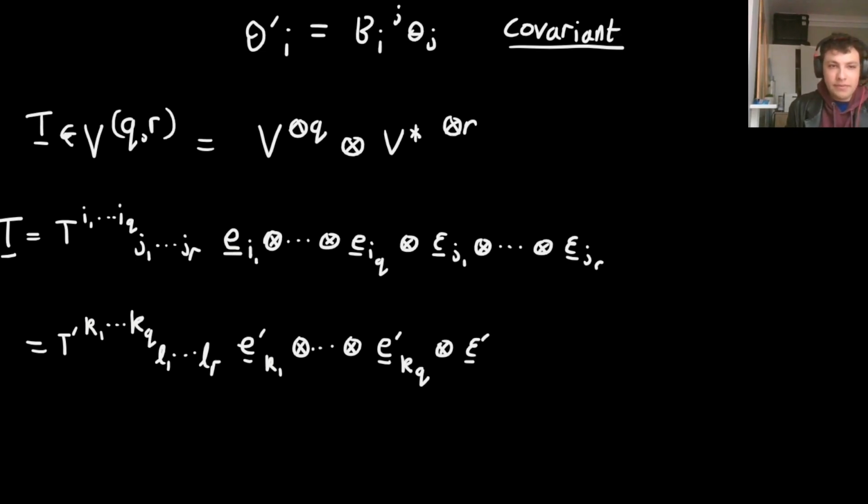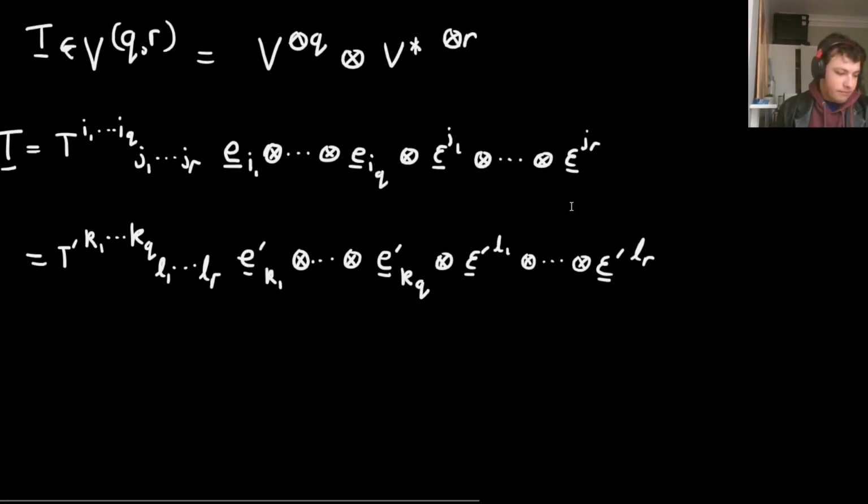Oh, I've already made a mistake. These should be upstairs. Contravariant indices go upstairs, covariant indices go downstairs. So then this is epsilon prime L1 tensor dot dot dot epsilon prime LR. Okay, I'm happy with that so far.